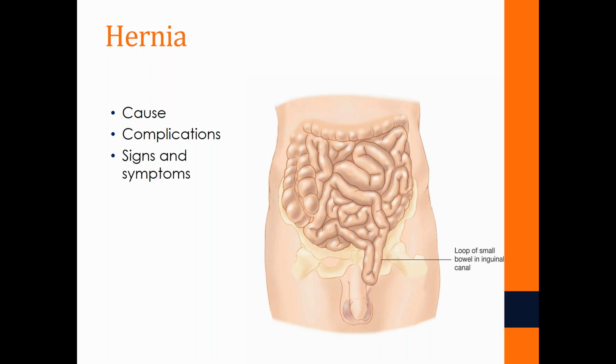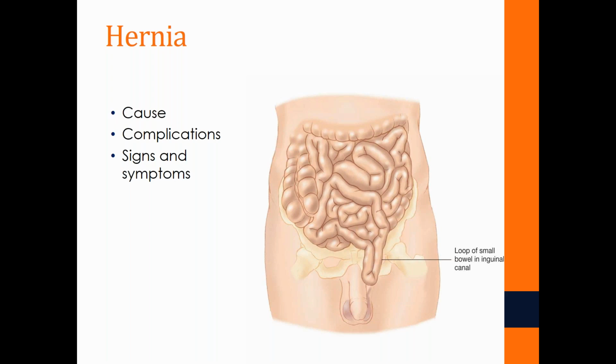Your patient is generally going to have done something recently or have a history of this because they don't always fix them right away. But generally, anything that causes your patient to strain can cause that weakening, cause that opening in the abdominal muscle, and allow that loop of bowel to poke out.